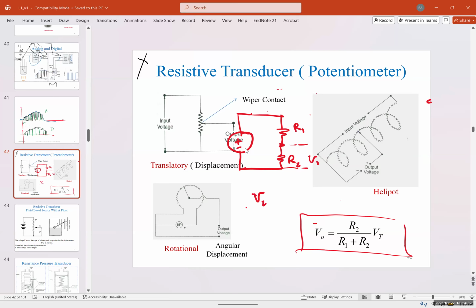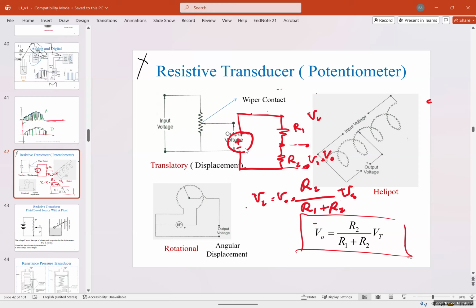So V2, or if this is our V out, is going to be equal to R2 over the summation of the resistors, R1 plus R2, times Vs, which is the source voltage.